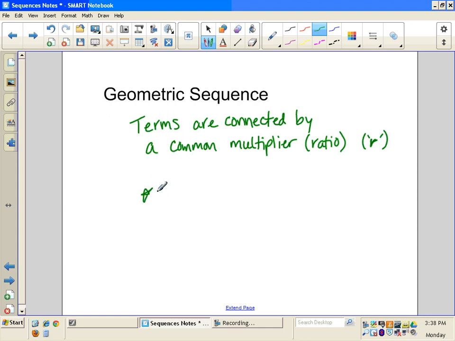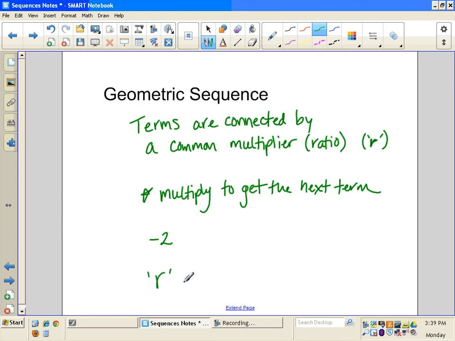So you multiply to get the next term. So for example, if I say we're starting with -2 and our R, or common ratio, is 3, then I know that -2 times 3 is -6 times 3 is -18 times 3. This is where you're leaving me. I think that's 54, but I'll double check that for you in a second.